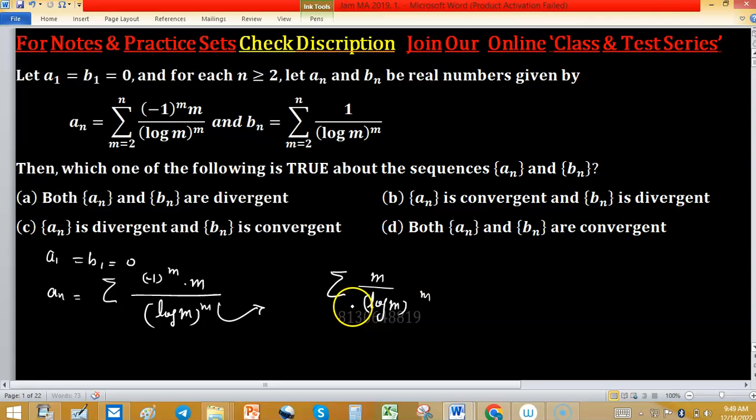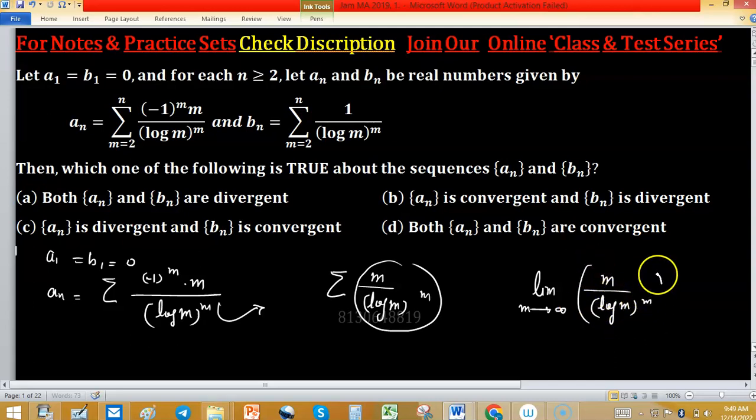So we can apply the root test. According to the root test, we consider this as um. So we need to find the limit as m tends to infinity of um, that is m over (log m)^m, whole to the power 1/m. Now this limit as m tends to infinity is m^(1/m) over log m.